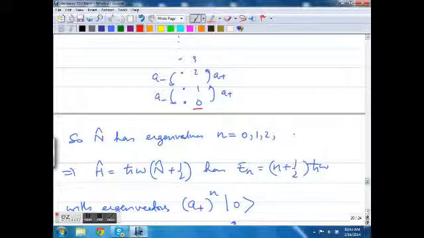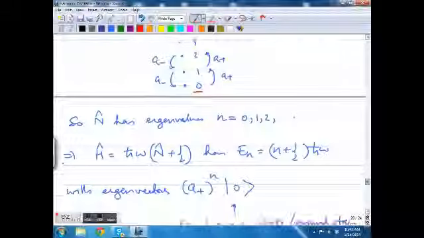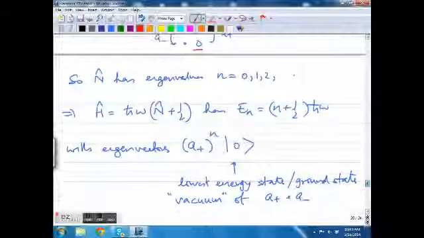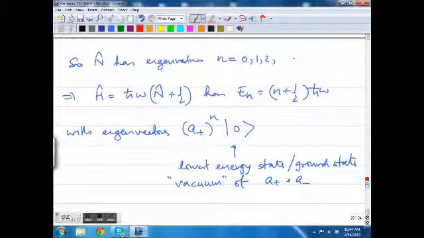Okay, so we've identified the spectrum of n with the integers and 0, and so the Hamiltonian, which I remind you was h bar omega times the number operator plus a half, then has a spectrum which looks like n plus a half times h bar omega, where n again takes integer values from 0 onwards.